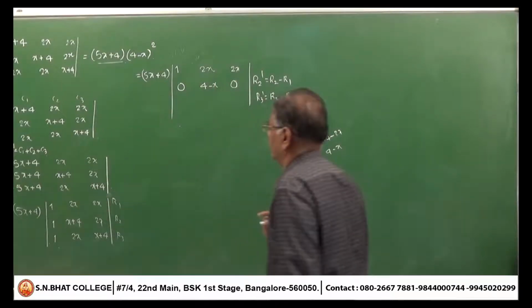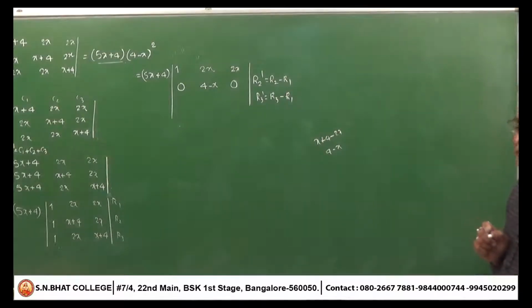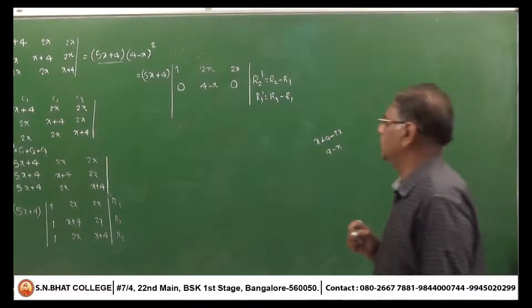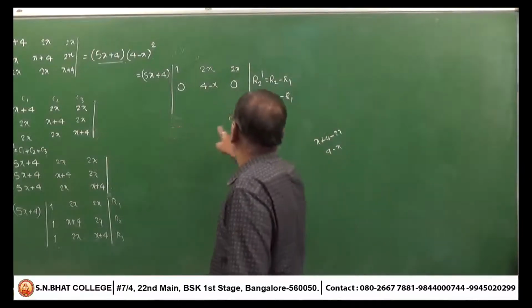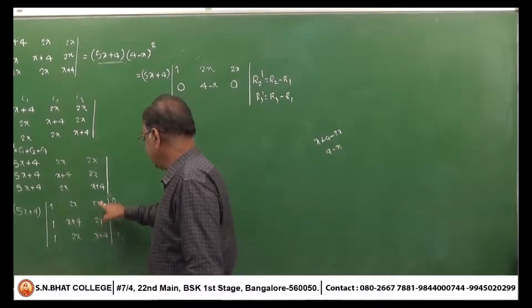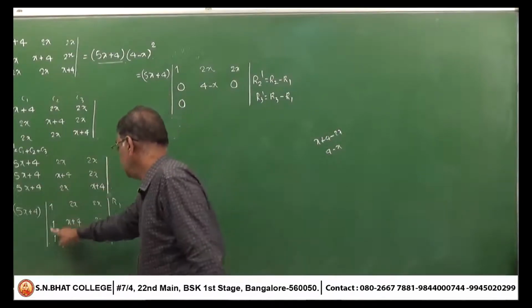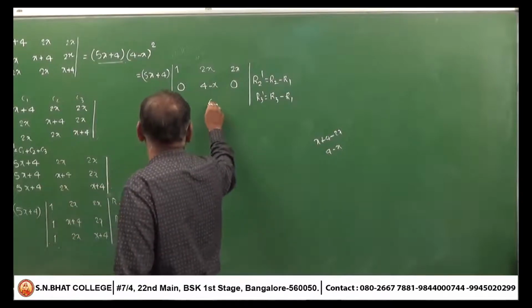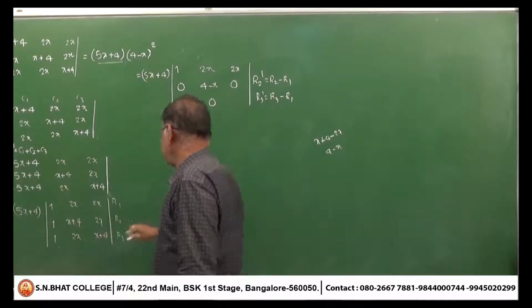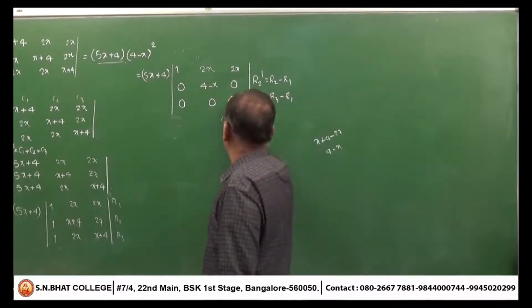R2 minus R1 is 0. R2 dash is R2 minus R1. Next is R3 dash is R3 minus R1. R3 minus R1: 1 minus 1 is 0. 2x minus 2x is 0. x plus 4 minus 2x, that is nothing but 4 minus x.